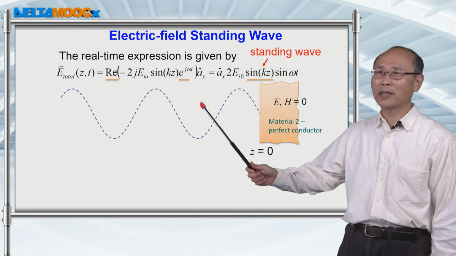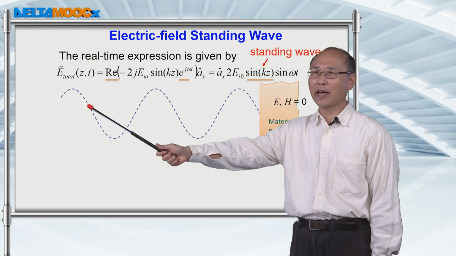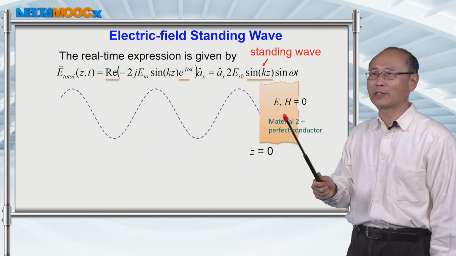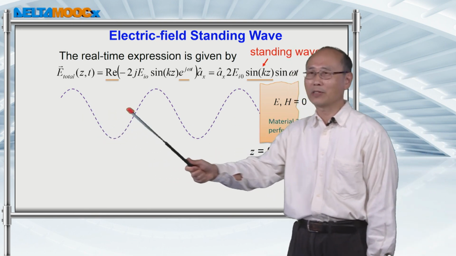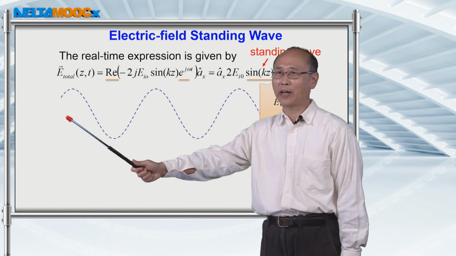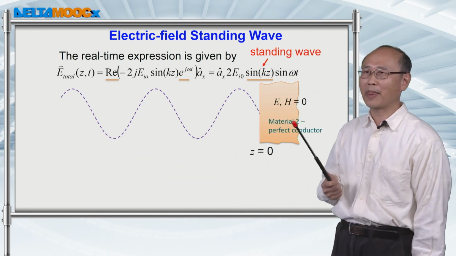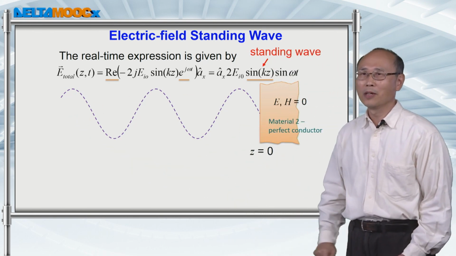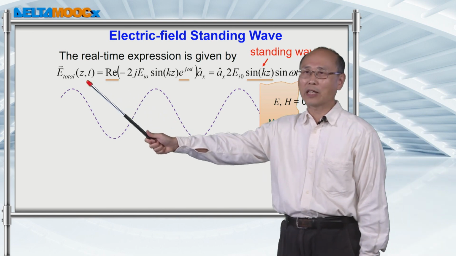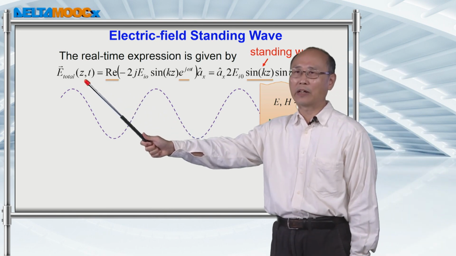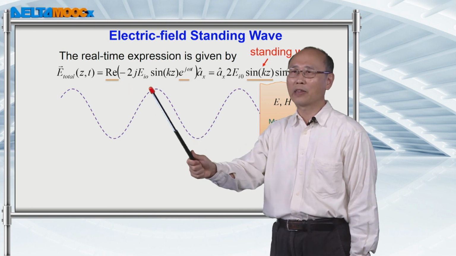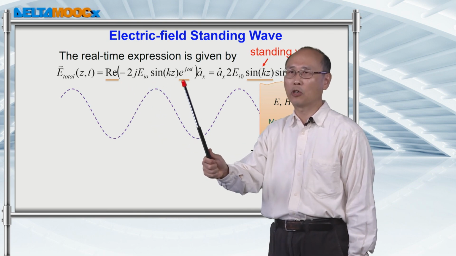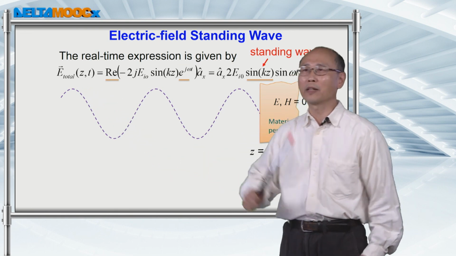So what happened is that if you send a wave with normal incidence onto this conducting surface, you are going to see the wave gets reflected back, and nothing can penetrate into this perfect conductor. With the phasor expression of the electric field, you can convert it into the real expression by multiplying the phasor expression with exponential j omega t, and then taking the real part of it.